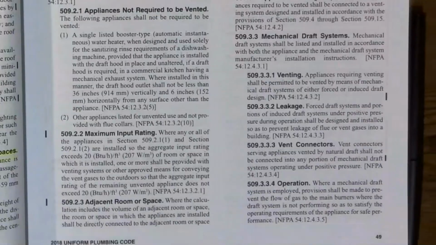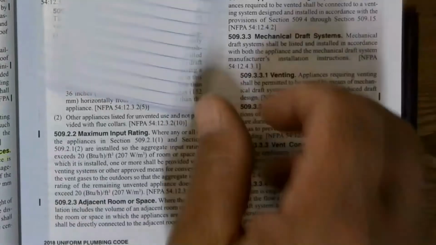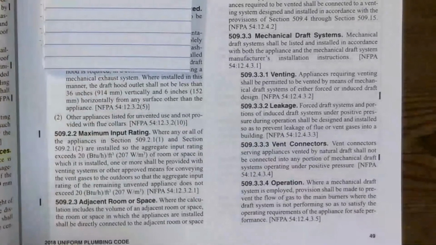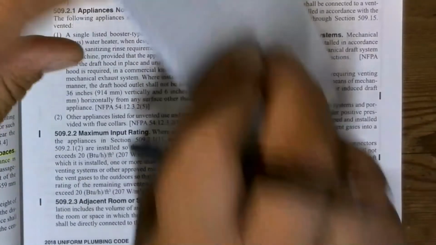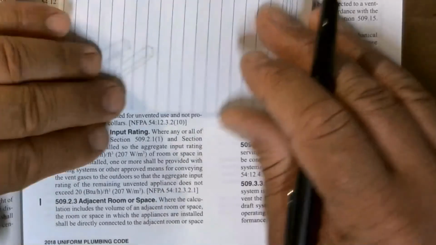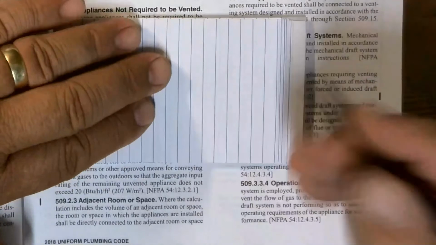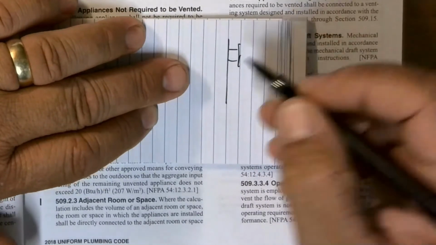Direct vent is a situation where you have air moving in, it's like a double containment deal. Okay, so you're going to have, I hope I can draw this right for you. So you're going to have like some kind of a deal out here, right?